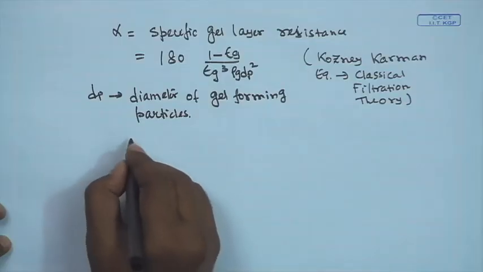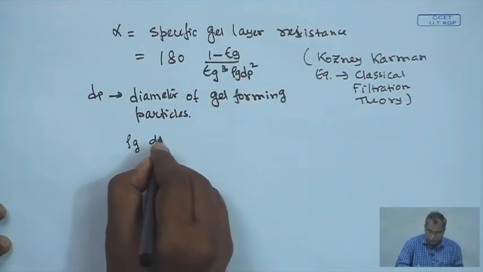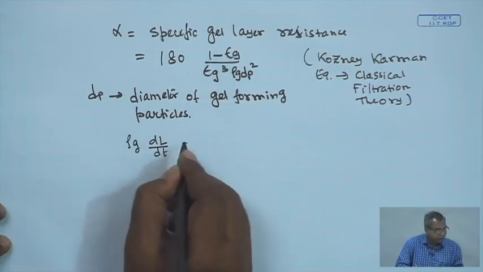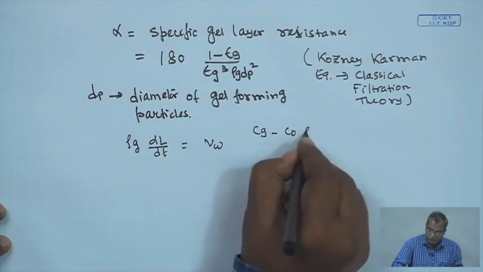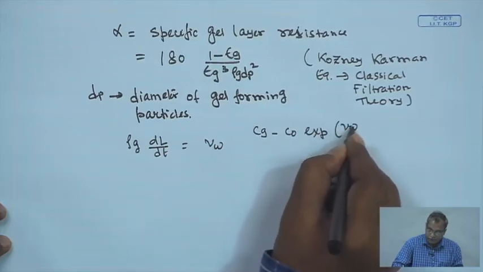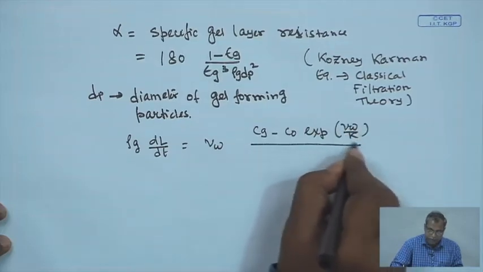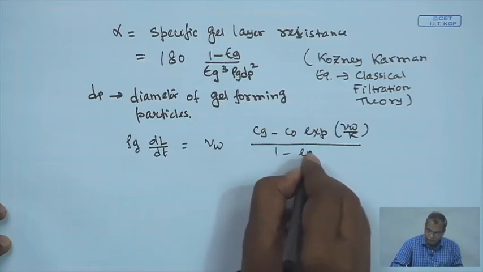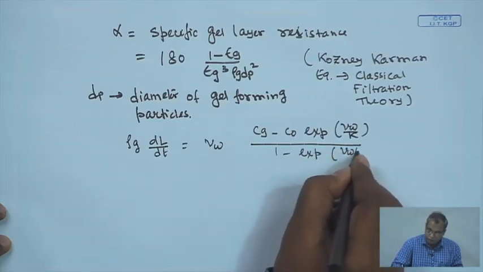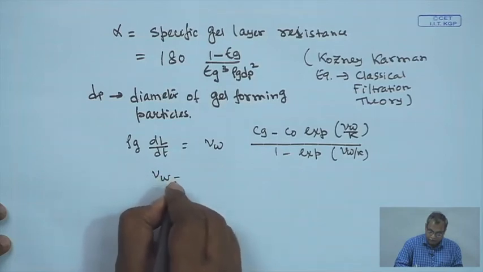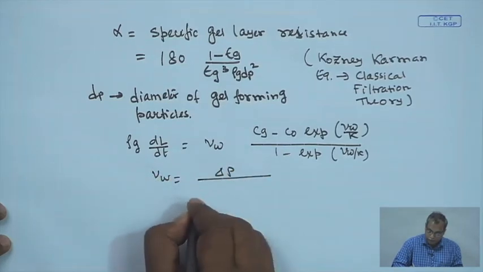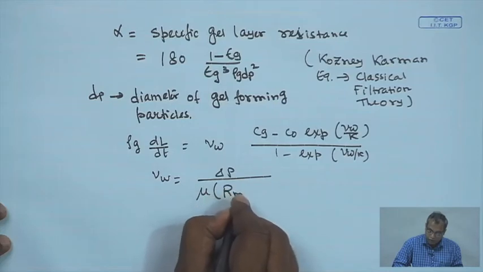Now, if you look into the governing equation of gel layer thickness, rho g dL/dt is equal to V w (C g minus C naught exponential V w by k) divided by (1 minus exponential V w by k), and V w is equal to delta P by mu (R m plus R g).